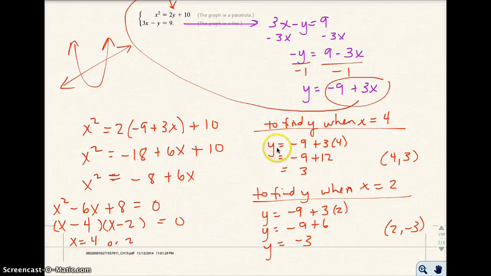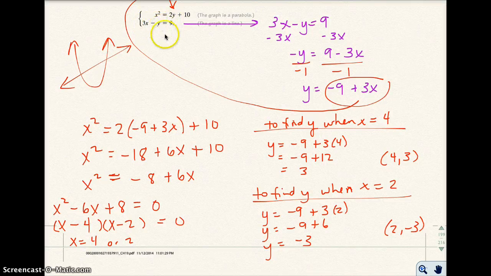Now again, like we discussed before, you can check your solutions. If I put in 4 and 3, it better work in this equation and this one. That gives me 16 equals 6 plus 10, which is 16. That works here. With 4 and 3, this would be 12 minus 3, which is 9.